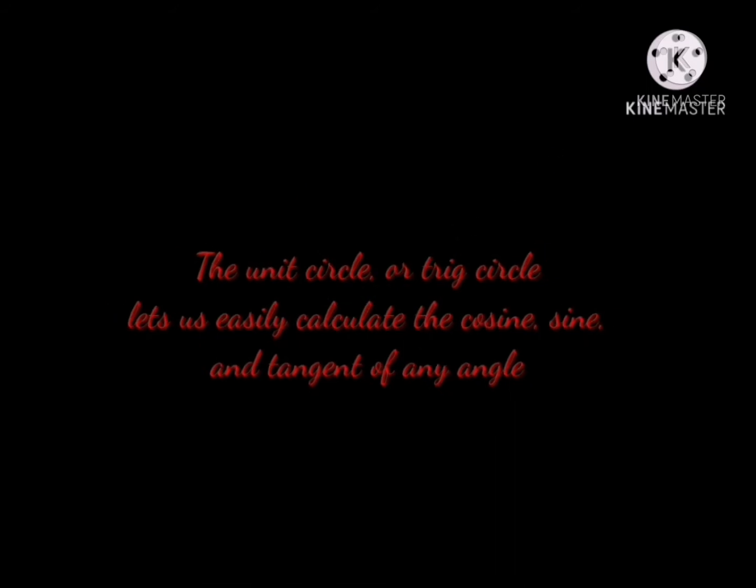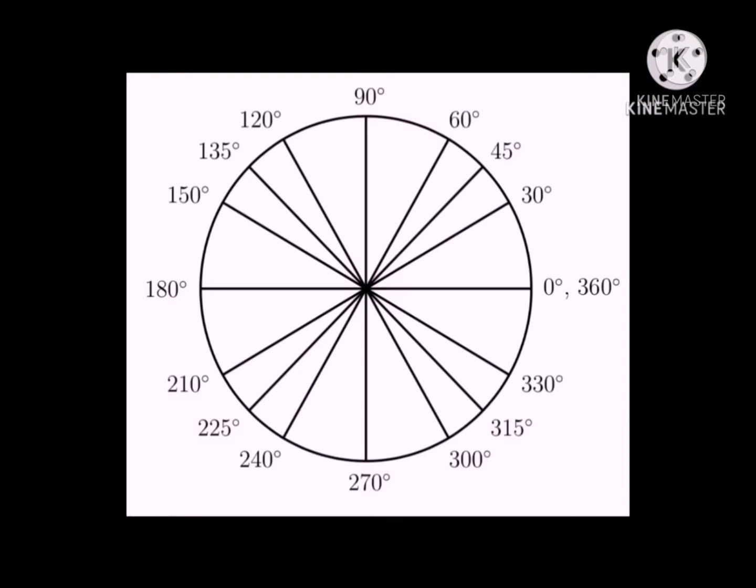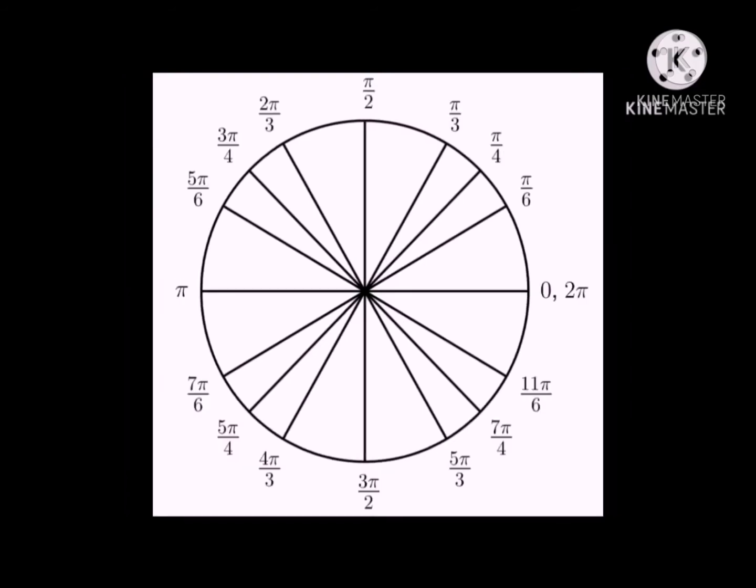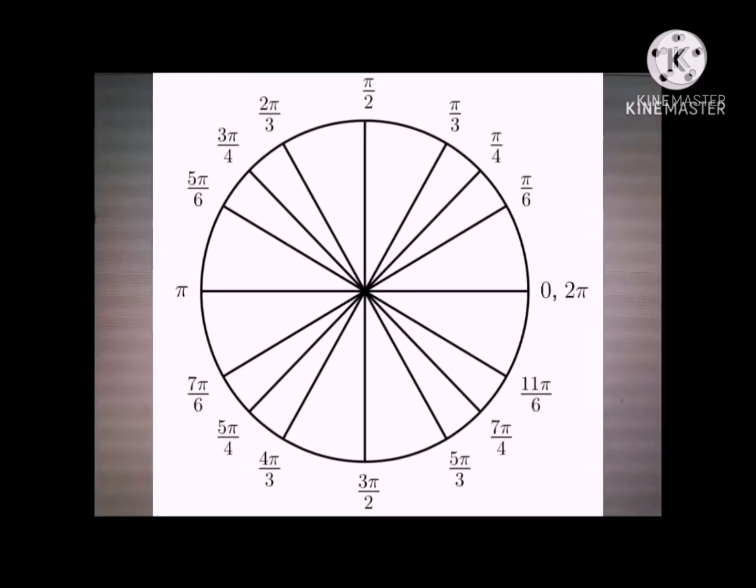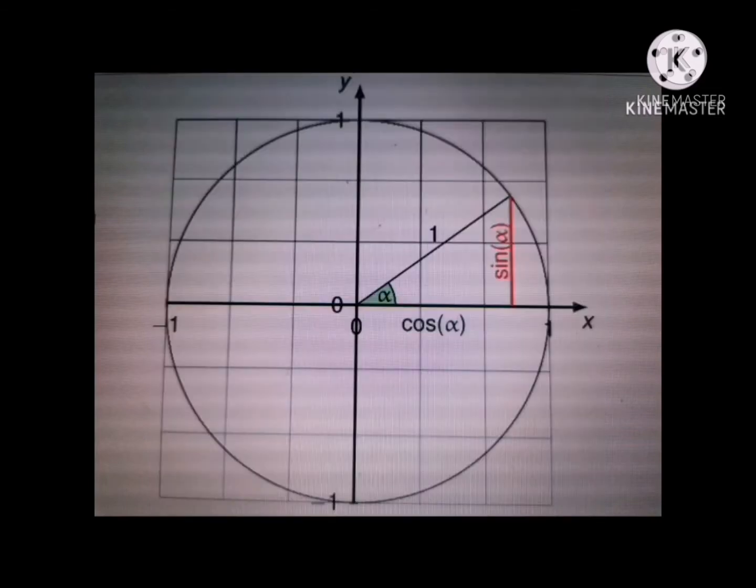The unit circle, or trig circle as it's also known, is useful to know because it lets us easily calculate the cosine, sine, and tangent of any angle between 0 degrees and 360 degrees, or 0 and 2 pi radians. As you can see in the above diagram, by drawing a radius at any angle marked by x in the image, you will be creating a right triangle.